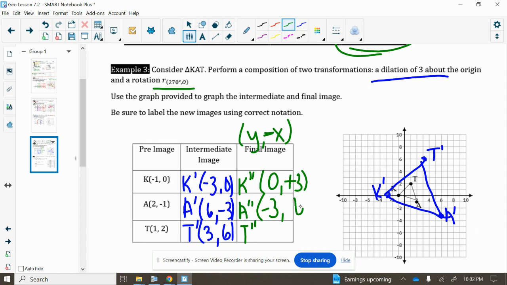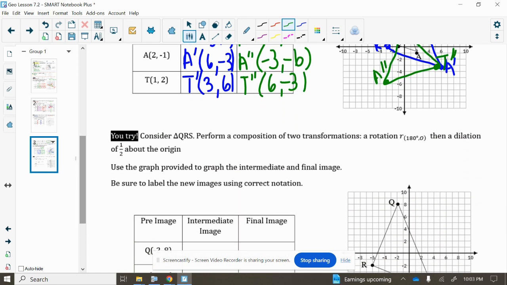Flip our order. The 6 then becomes negative, and then flip our order. The 3 becomes negative. So our final image points, we have K double prime, A double prime, and then T double prime after our rotation.